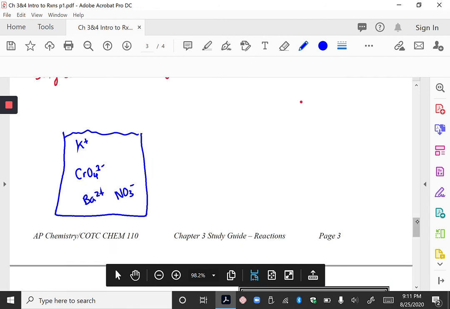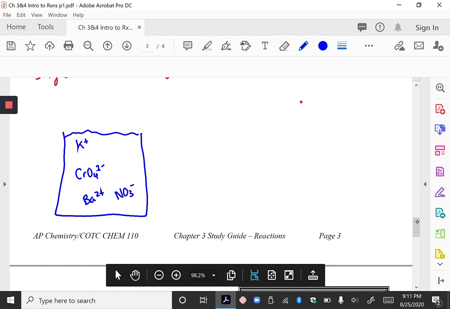Now, what happens is, let's say the K plus and the Ba2 plus kind of get close together. What happens? Well, they're both positive, so they repel. How about these two, the chromate and the nitrate ions, when they get close together, they repel because they're both negative. Okay. What if the K plus and the chromate meet together? Well, they're going to attract, but that would be something that's soluble, so they're going to split up again.